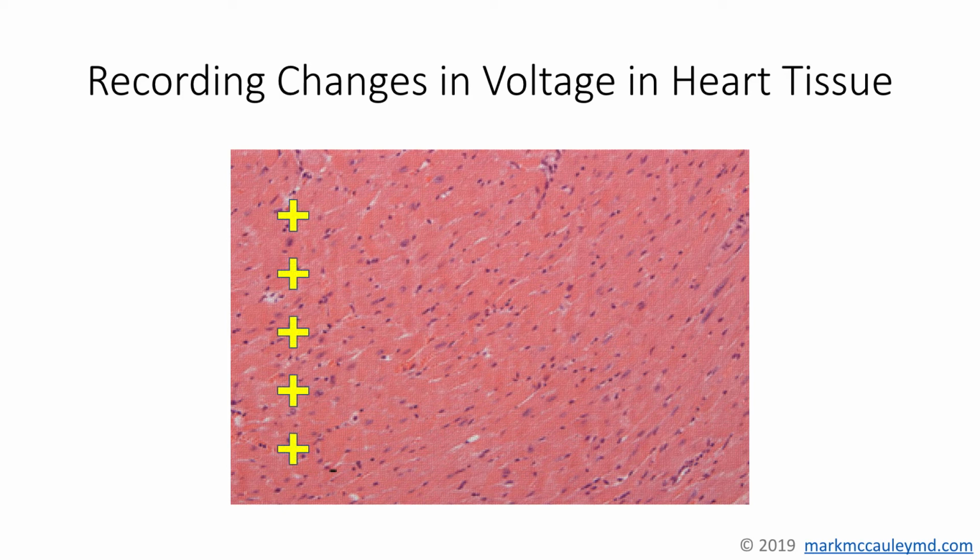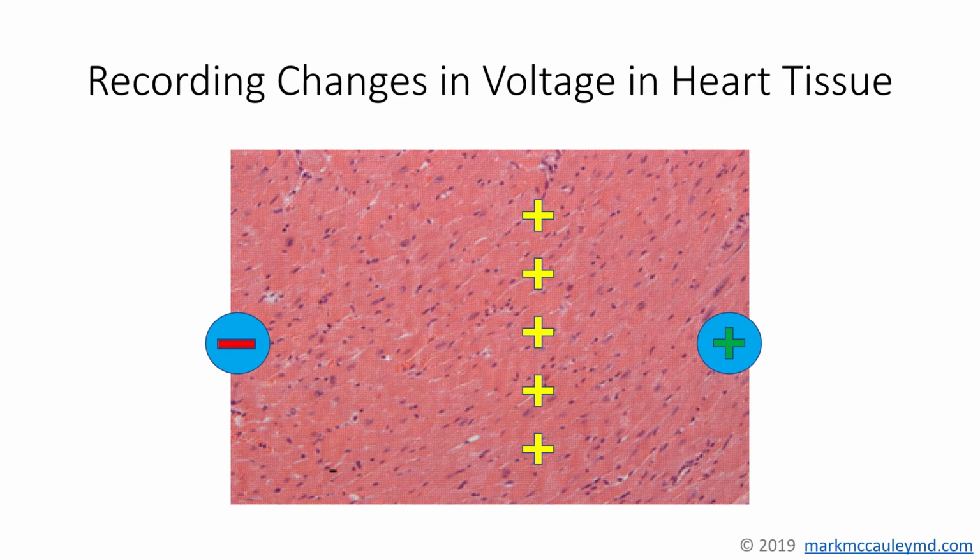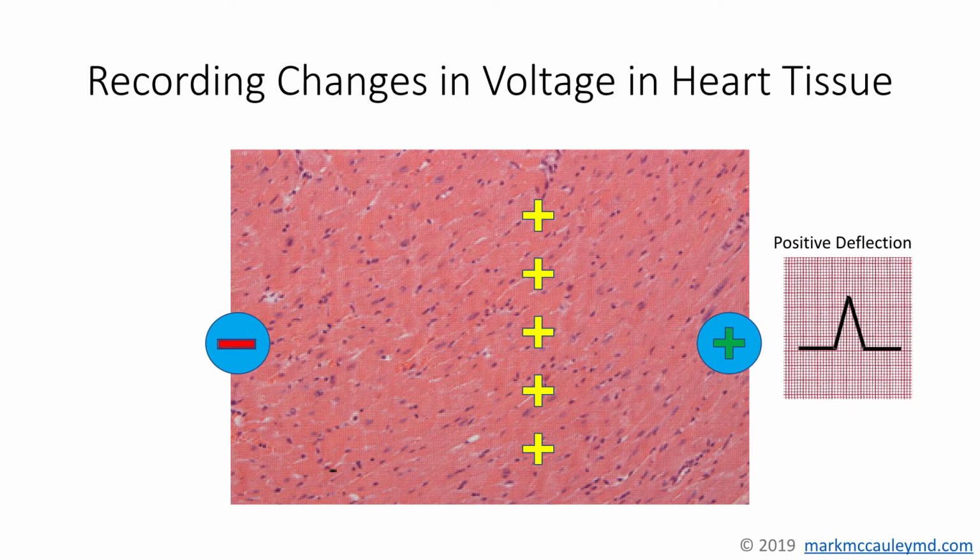An ECG uses electrodes to measure changes in charge over time. If we put a positive electrode on the right and a negative electrode on the left, then we have a direction that we're measuring in, the left to right axis. Next, if a wave of depolarization moves towards the positive electrode and away from the negative, this causes a positive deflection on the ECG.